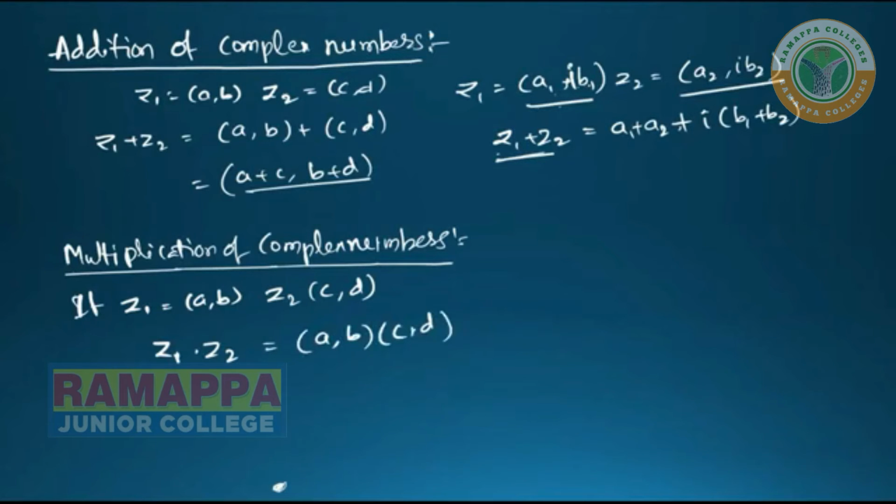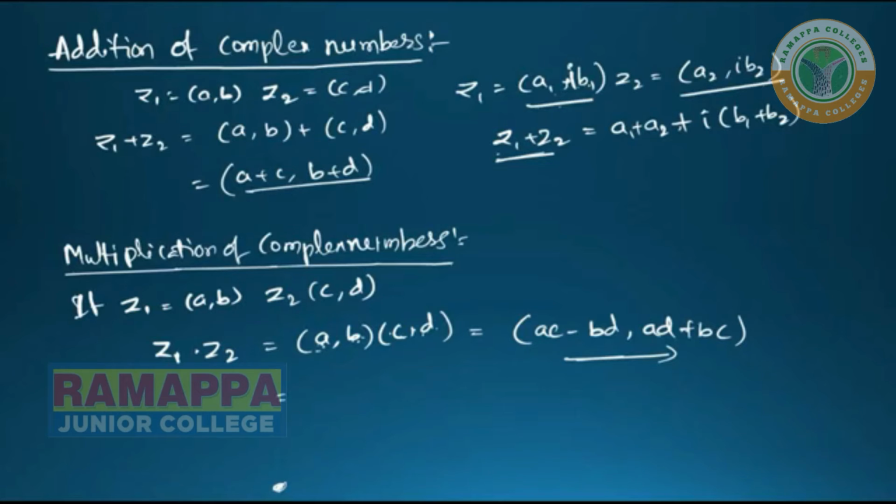From this we can write it as ac minus bd, after that ad plus bc. So ac minus bd comma ad plus bc is the product of z1 and z2.